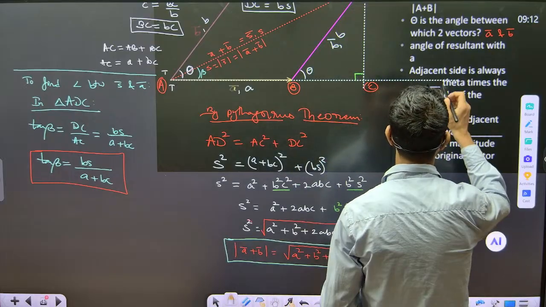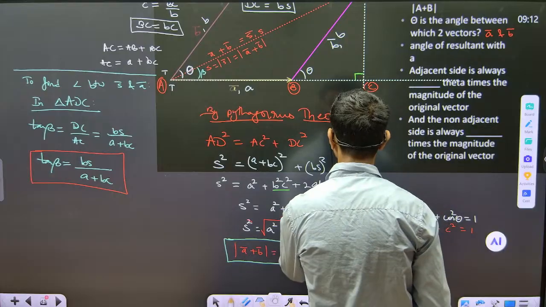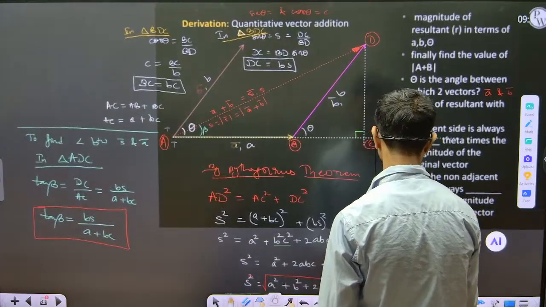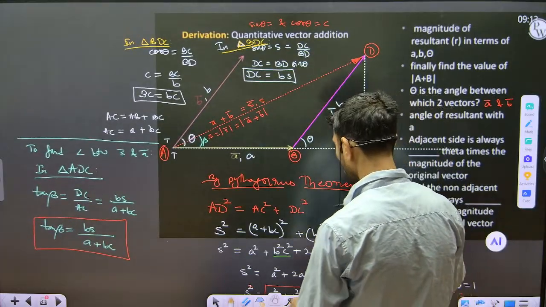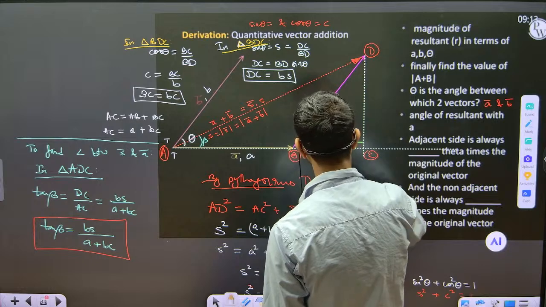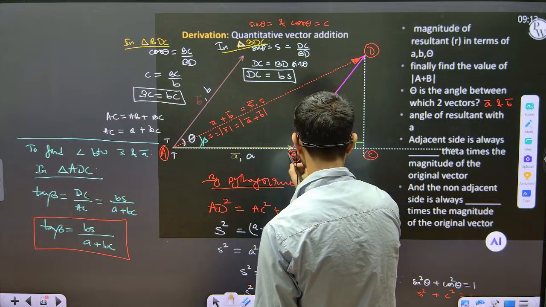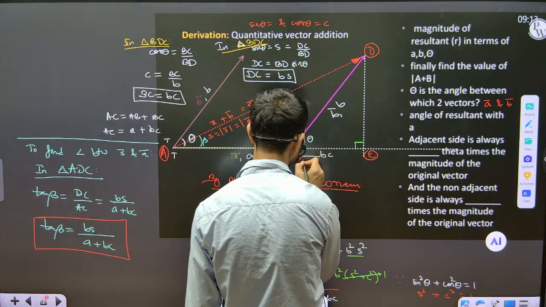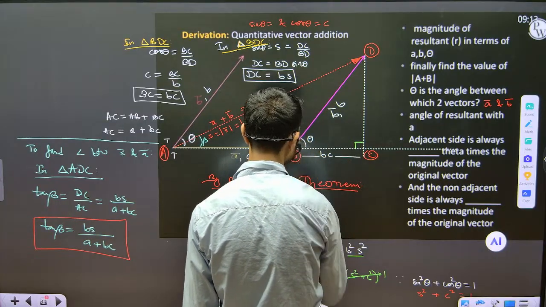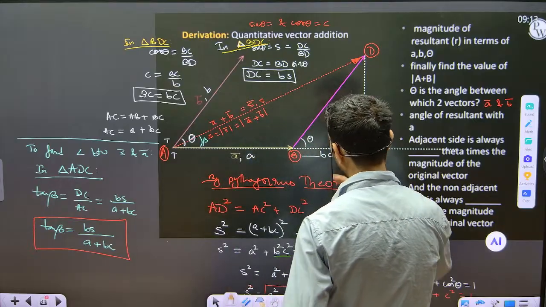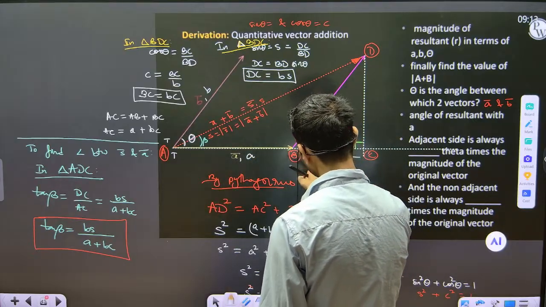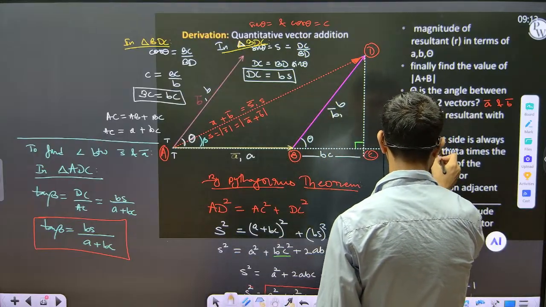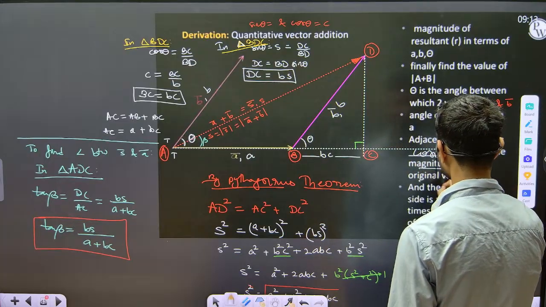Now you can see that this was B, this is B, and this is theta. So what is this adjacent side? BC, right? And BC is nothing but B cos theta. So the adjacent side is always cos theta times the magnitude of the original vector.